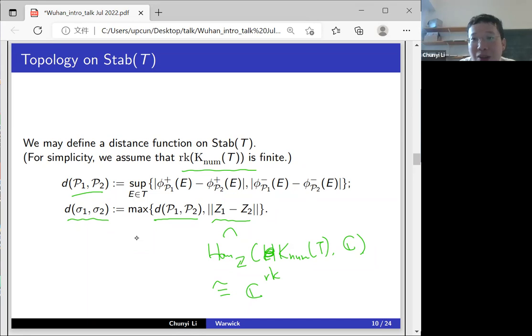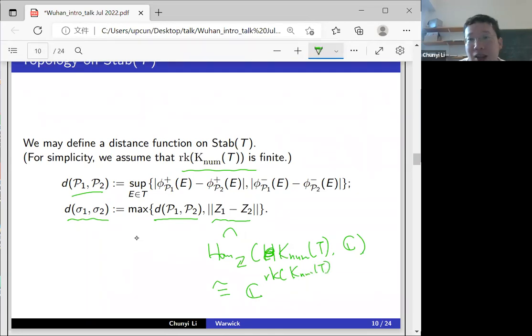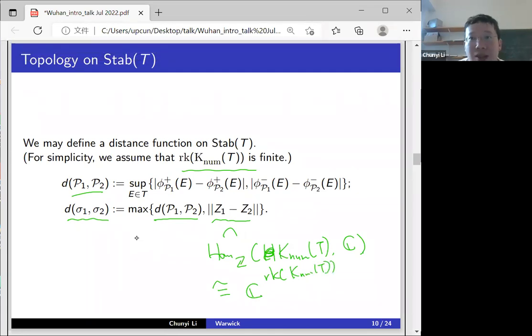You can do some tricks to treat the infinite case, but here just assume it's finite. But anyway, it's just a finite-dimensional complex vector space. You can define any equivalent norm on it to give you a distance. But that's not important, you'll see pretty soon. So that gives you a distance function, or gives you a topology, on the whole space of stability conditions.